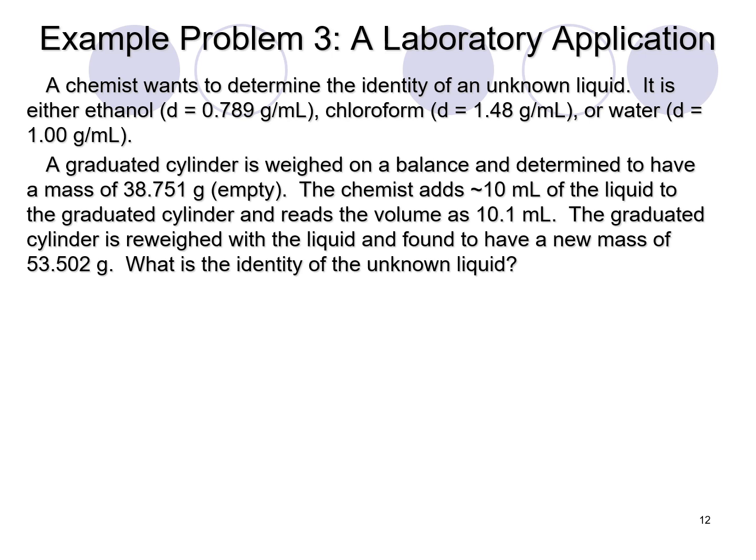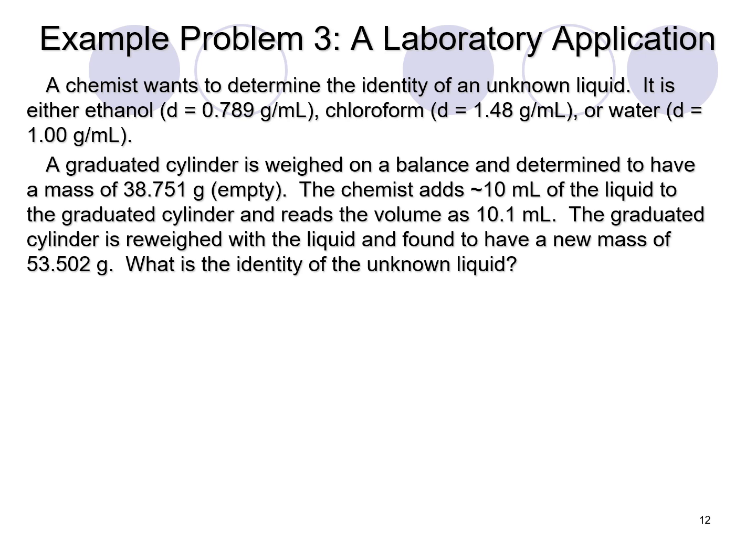All right, so in our lab, someone wants to determine the identity of the unknown liquid. And it could be one of the three: ethanol, chloroform, 1.48 grams per milliliter, or water, which is 1.00 grams per milliliter. So how does the experiment be performed?